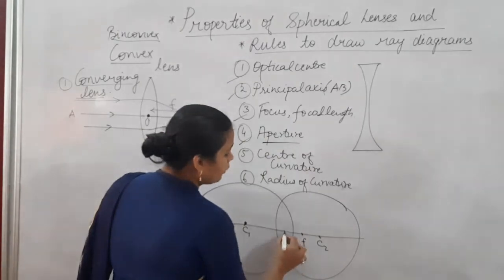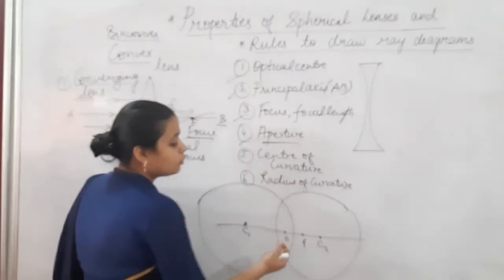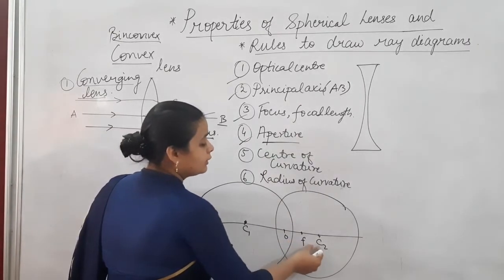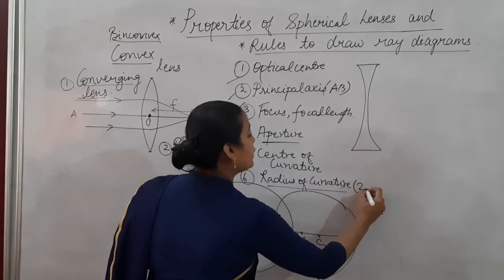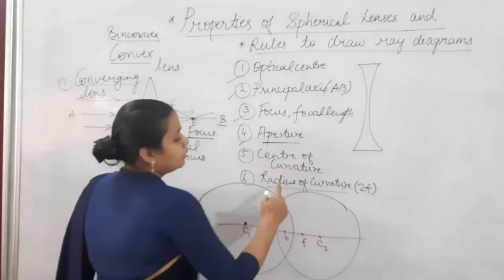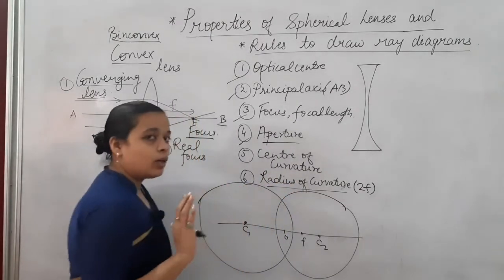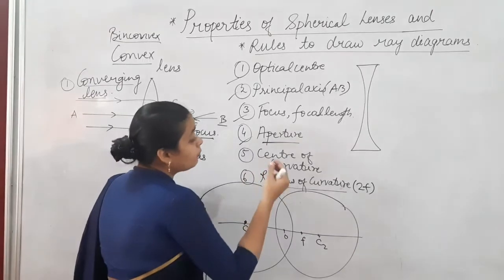So the center of curvature, which is also said to be the radius of curvature, is actually twice the focal length. Center of curvature, I hope you all have understood. Again I am telling it.